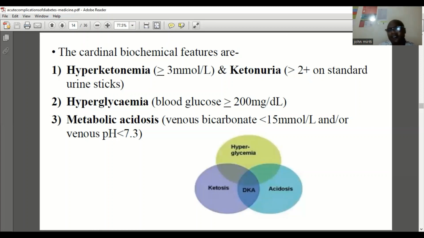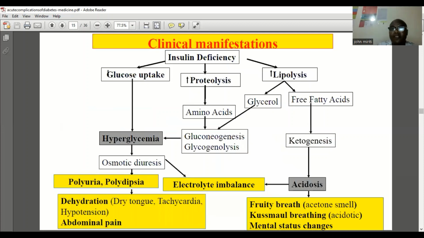Now we look at it from a clinical perspective. What is the clinical manifestation of diabetic ketoacidosis? It is very common in type 1 diabetes patients, and we said that we have to follow the 3 pathways to see how these clinical features come about.